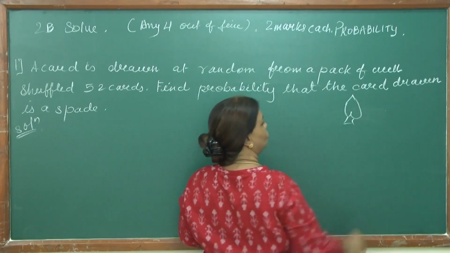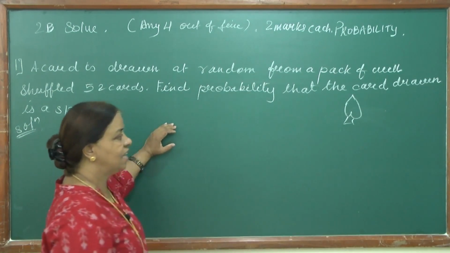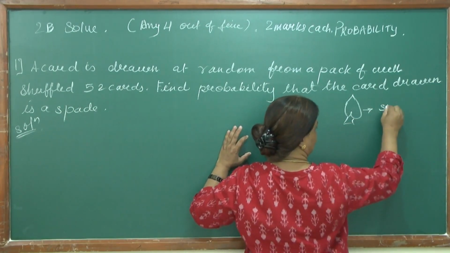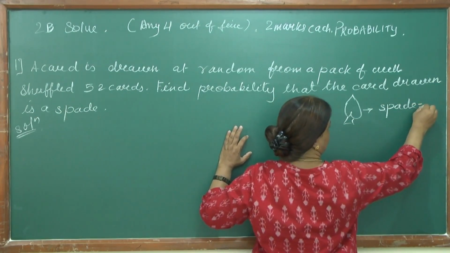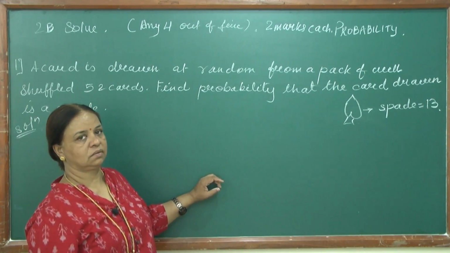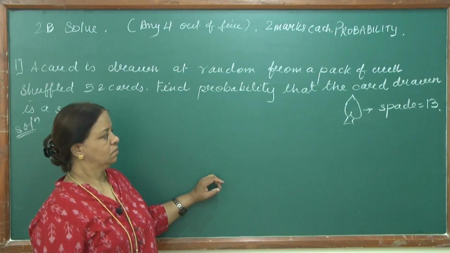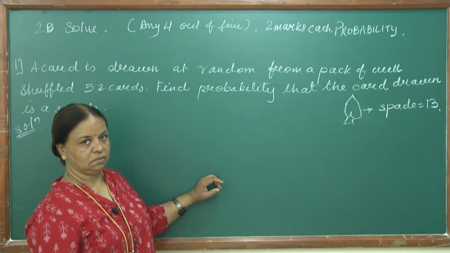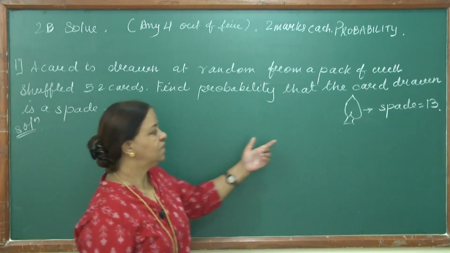Okay. So how many cards are there which are spades? There are 13 cards. There are 13 spade cards.